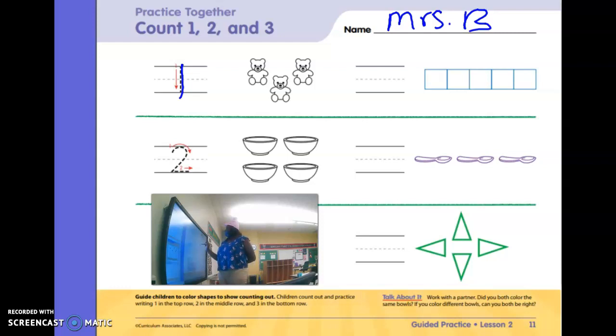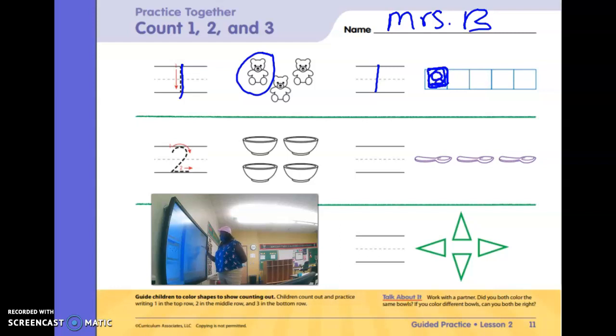There are 3 bears. So over here, what are we going to do, guys? Should we write 1? Since they had 1 here, we could circle 1 bear. What y'all think? And in here, we're going to color in 1.